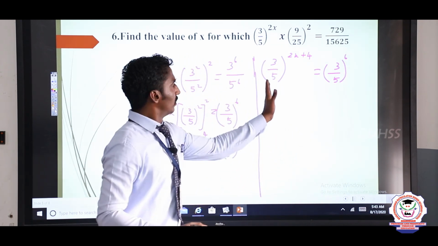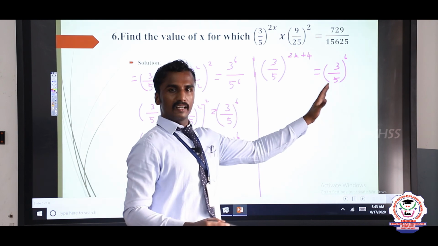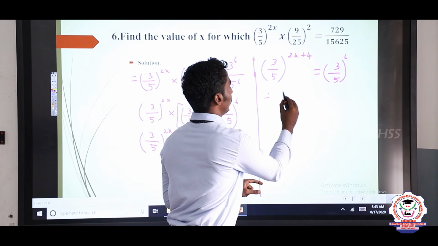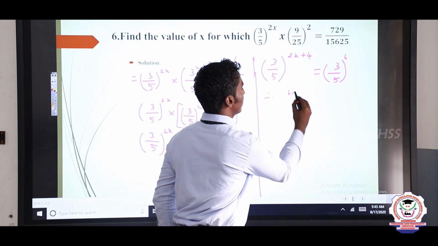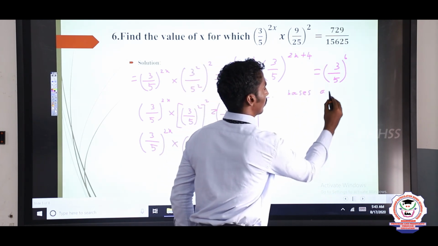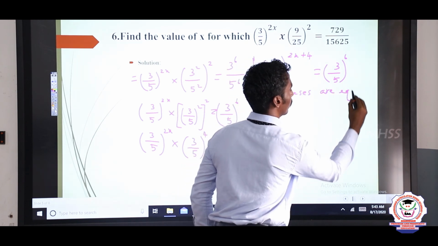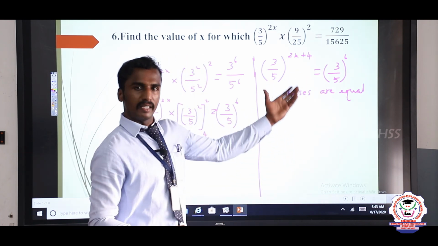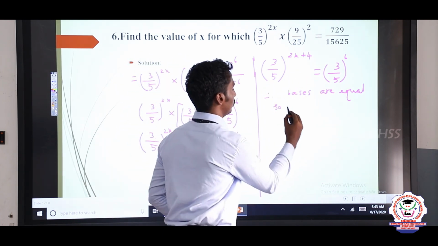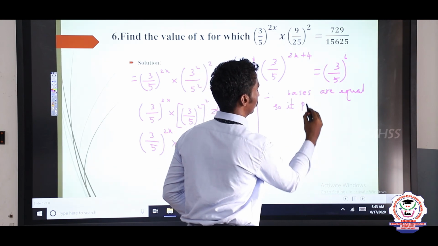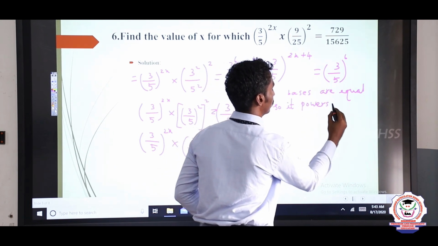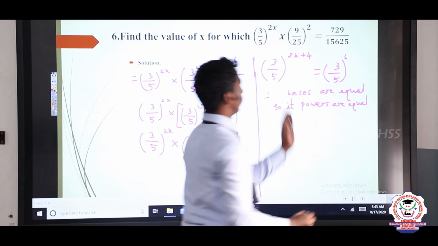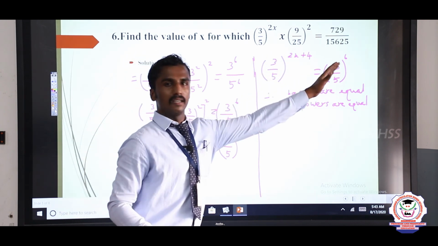Listen here, 3 by 5, 3 by 5, bases are equal, so exponents are equal only. This is very important. Listen, bases are equal, so its powers are equal.